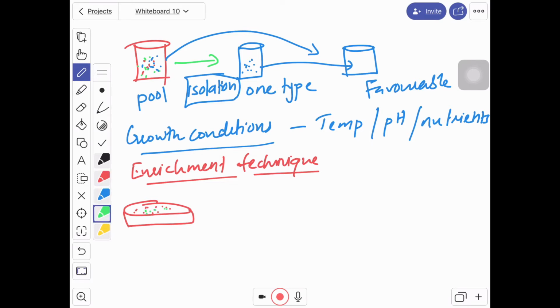The pool contains different microorganisms, and we are taking out a small inoculum, a small portion from this, and inoculating it in a special medium. To this medium we will provide only certain nutrients which support the growth of our desired microorganism.